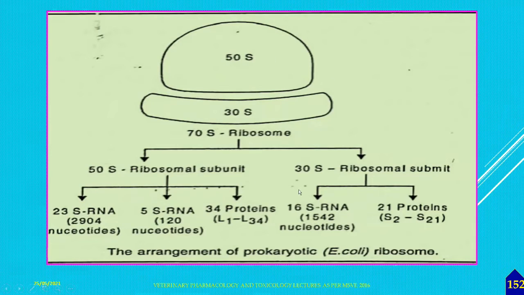This is the arrangement in E. coli, an important microorganism: the 50S contains the 23S, 5S and 34 proteins, whereas the 30S contains the 16S and 21 proteins.